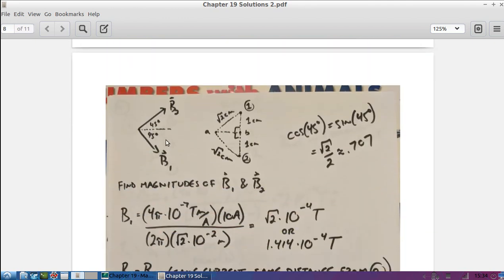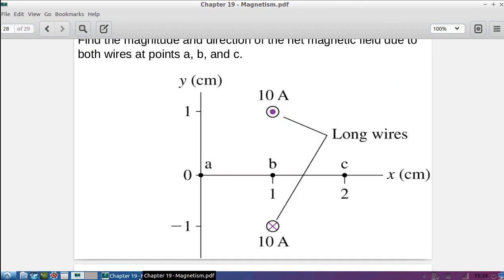So this is my diagram for point A. This is the magnetic field due to the top wire. This is the magnetic field due to the bottom wire. The way I got those angles is that right here is a right triangle, but it's a 45, 45, 90.